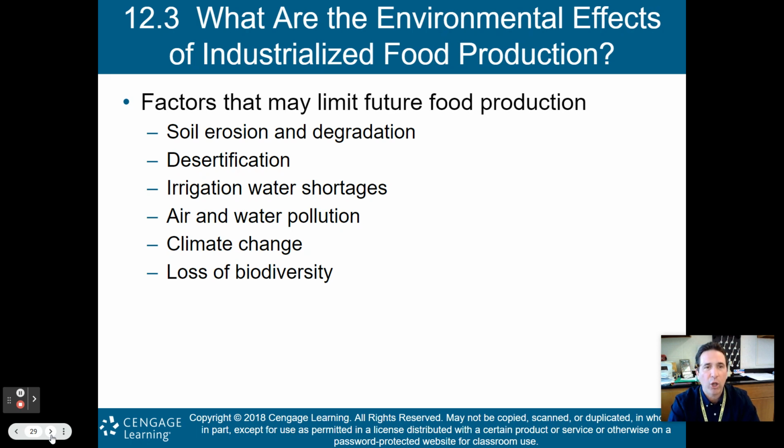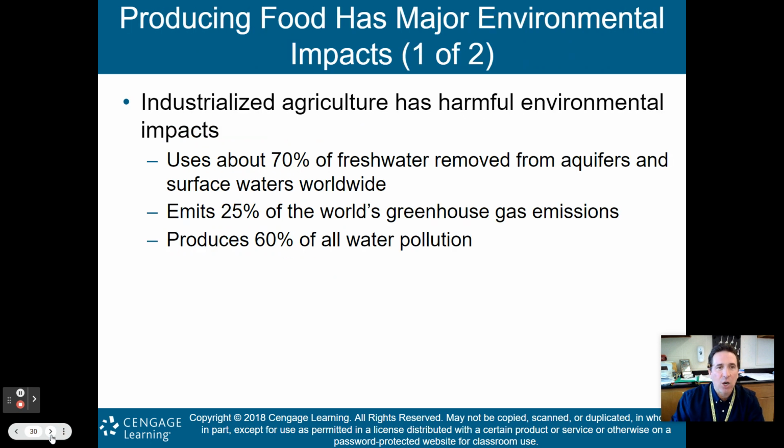Number one, soil erosion and soil degradation. We'll talk about that, but again, if you don't have soil with nutrients in it, you're not growing anything. I don't care. Desertification, what is that? That's when you actually turn croplands into deserts. Irrigation, water shortages, air and water pollution, climate change, and that loss of biodiversity.